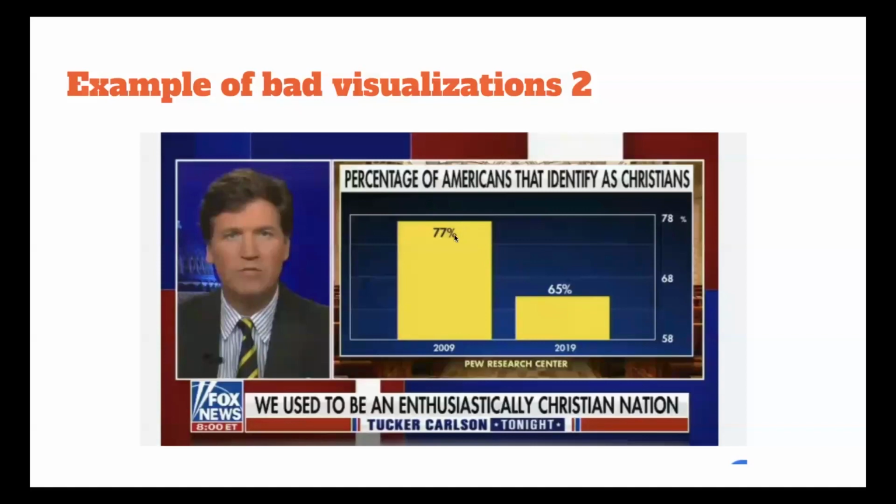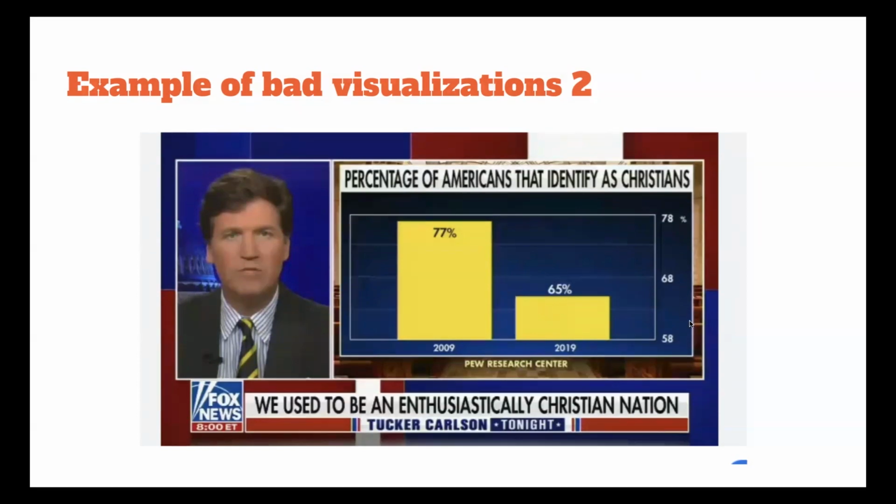Now if you do not look at these numbers, this is quite misleading, because look at the big jump from 77 to 65. It looks as though this is almost half. That means what you'd expect this bar to be should be like 35 or 38. But this is a wrong way.